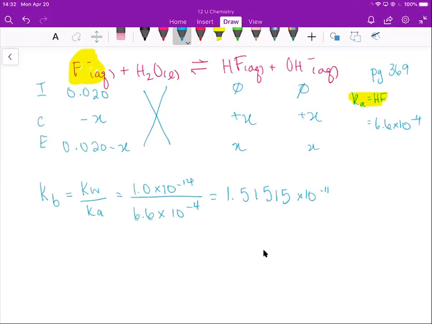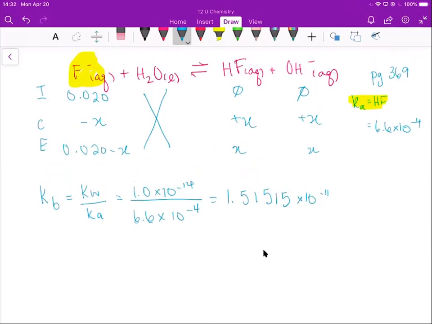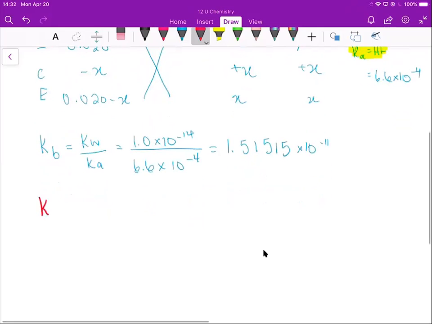What am I using my Kb value for? For the equilibrium expression of this up here. So Kb is equal to x times x over 0.020 minus x.